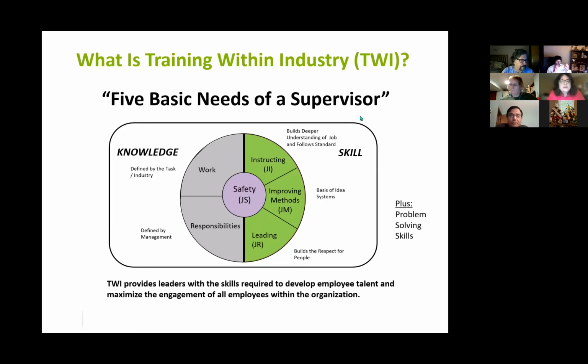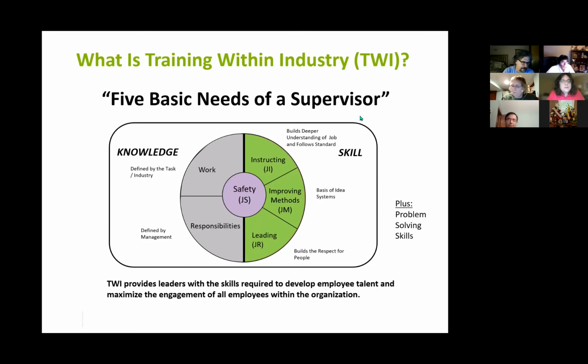Okay, let's go to the skill side. The skill side of this chart is where TWI resides. So there are 4 that I have listed in the circle, and there's another one off to the side. Let's start at the top, skill in instructing. Ken mentioned JI. You hear a lot of times it's called JI, skill in instructing.